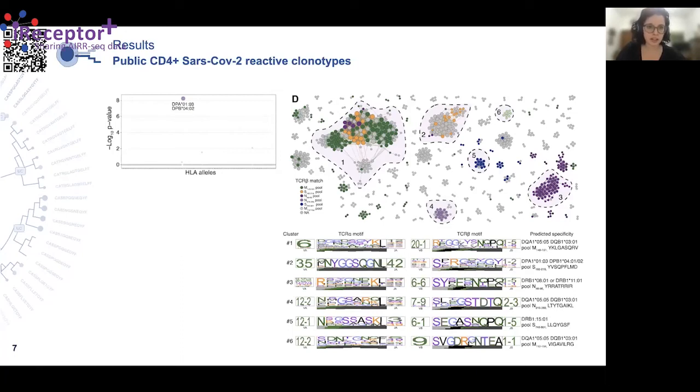In this case, it's done by the software, so I don't know the exact parameters that we used, but the software assigns the similarity of the TCRs. And I know that we were actually pretty conservative here with the distance.